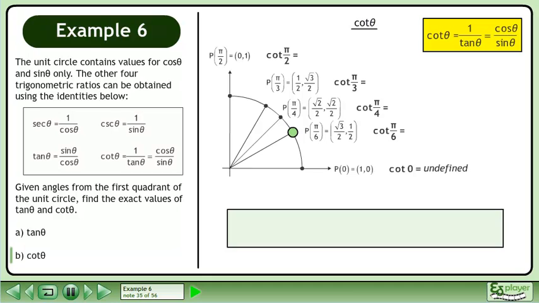Now we'll find the exact value of cotan pi over 6. Cotan pi over 6 is equal to the cosine of pi over 6 divided by the sine of pi over 6. The cosine of pi over 6 is equal to the square root of 3 over 2, and the sine of pi over 6 is equal to 1/2.